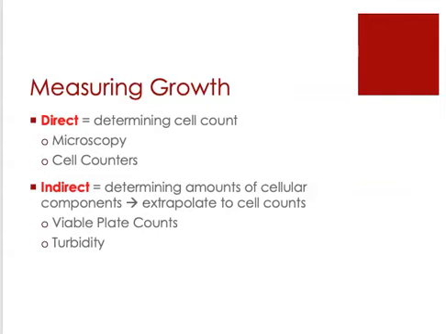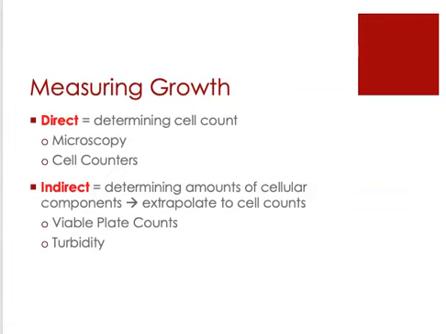Similarly, we can take a portion of a sample and put it into a type of machine called a cell counter and let the cell counter count the number of cells. That is a direct measurement because we are literally counting the number of cells in a sample.